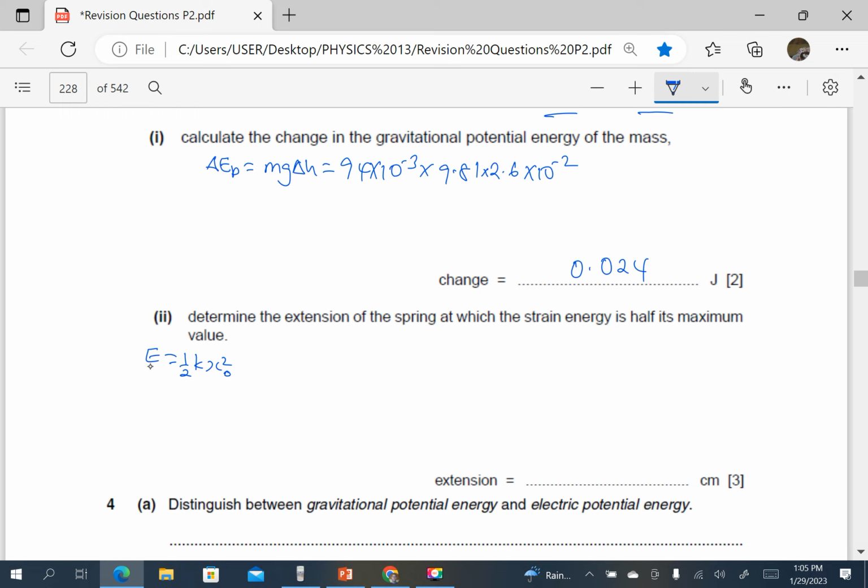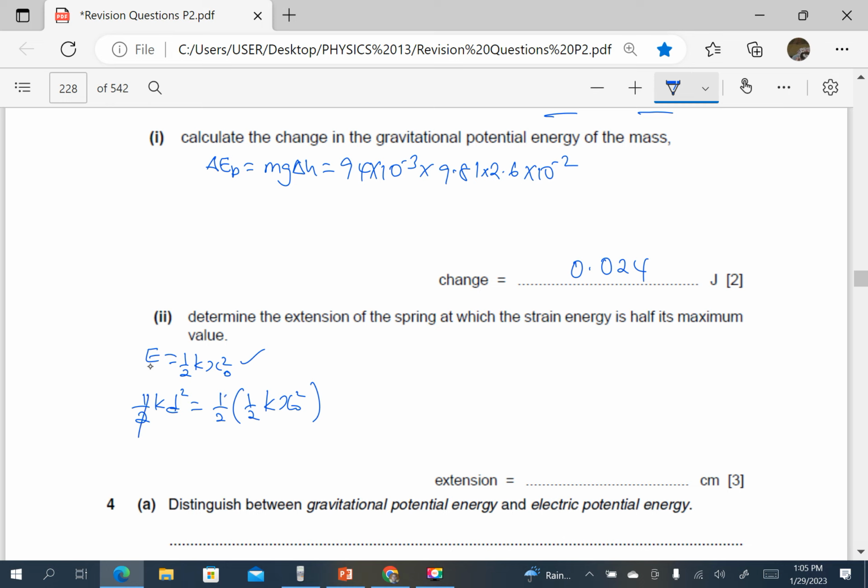Then a half times k times the distance d squared is equal to a half of a half k x naught squared, because the elastic strain energy is half its maximum value.